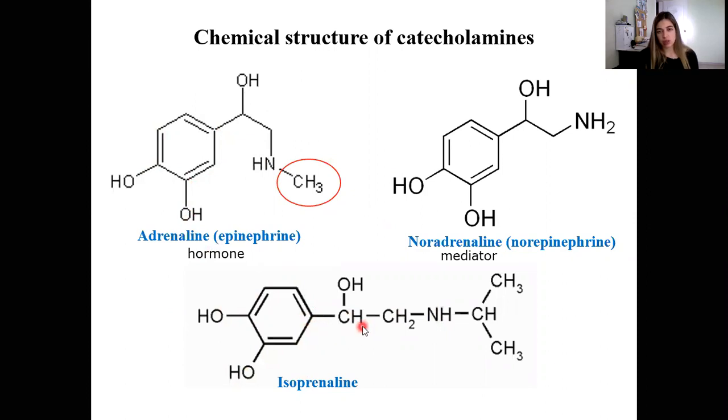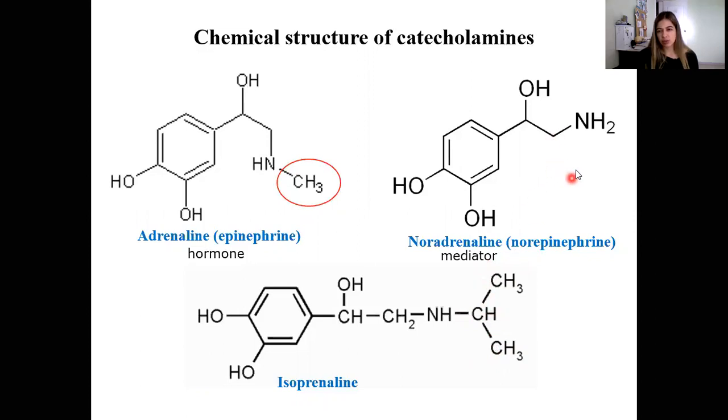And then also here we have methyl with this OH group again, this hydroxyl, then again one more, and the bigger this radical is, the more affinity to beta receptors the drug has.